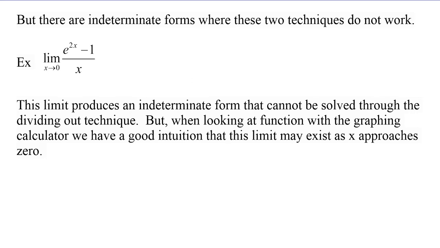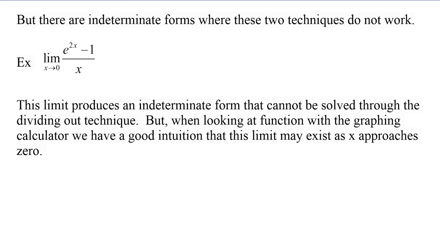As I let x go to 0, e to the 2x becomes e to the 0, which is 1, minus 1 is 0, and then when I plug in 0 for x in the bottom, I get a 0. So this is still an indeterminate form that cannot be solved through the dividing out technique.